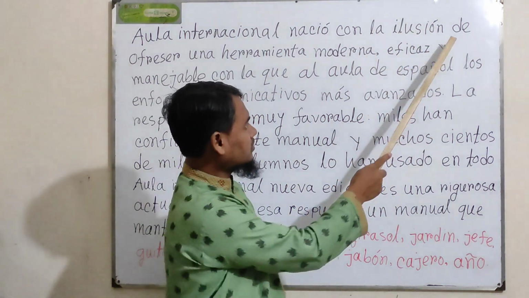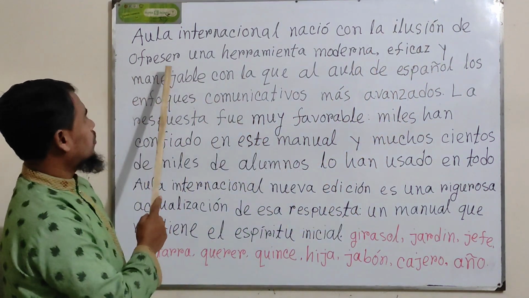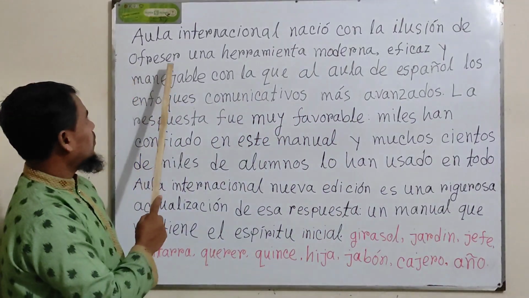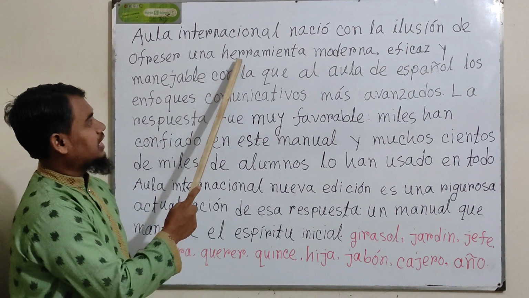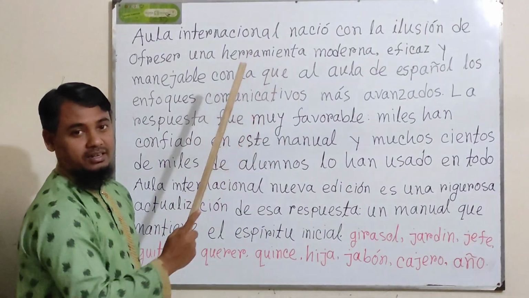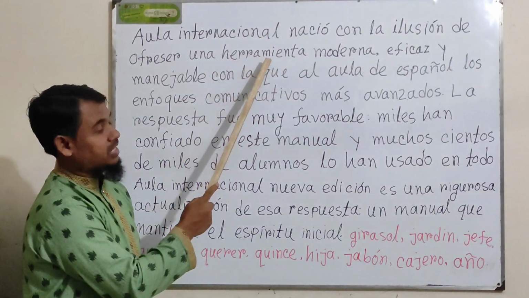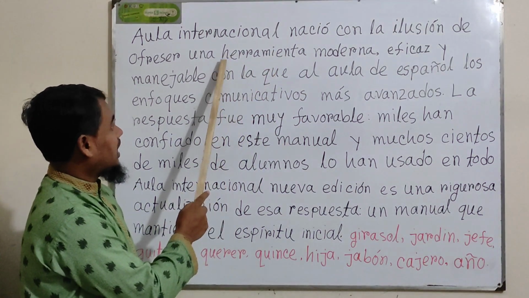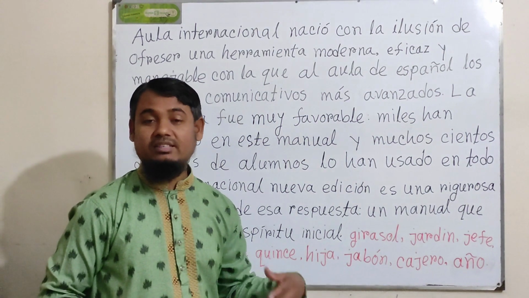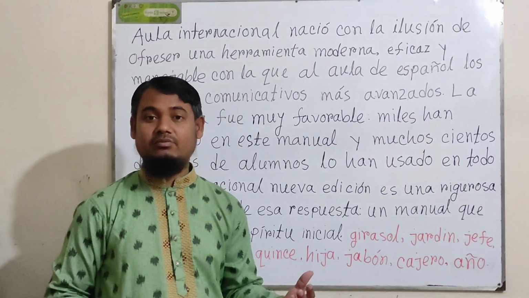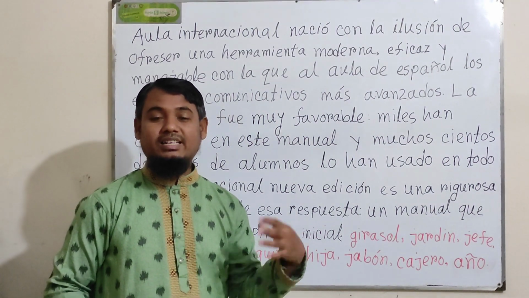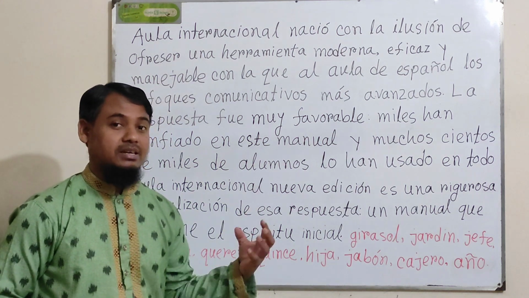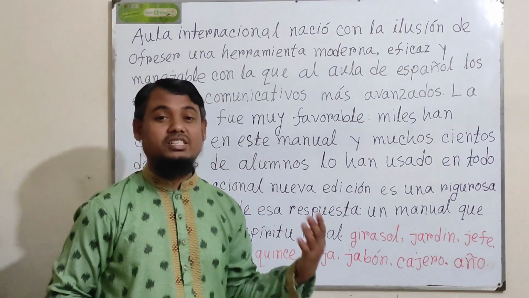Ilusión. De ofrecer. Ofrecer una herramienta. Herramienta. Because H exists in the word, it will never be pronounced. I have told you before, in English H is sometimes pronounced and sometimes it is not pronounced.